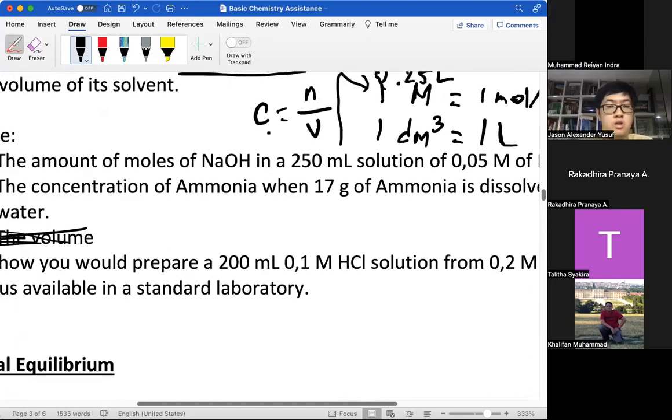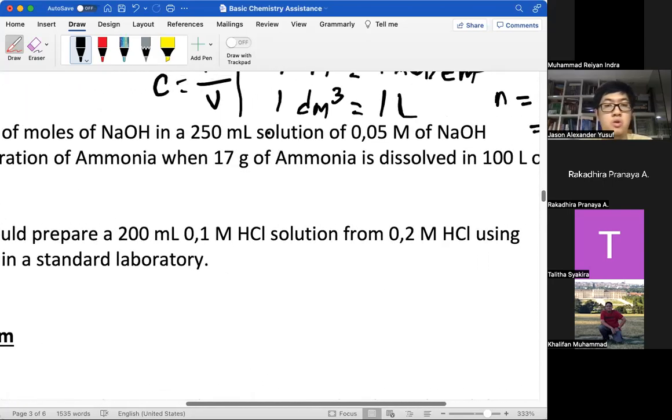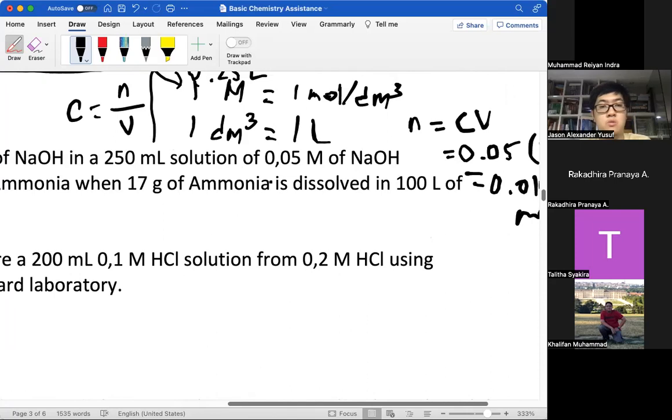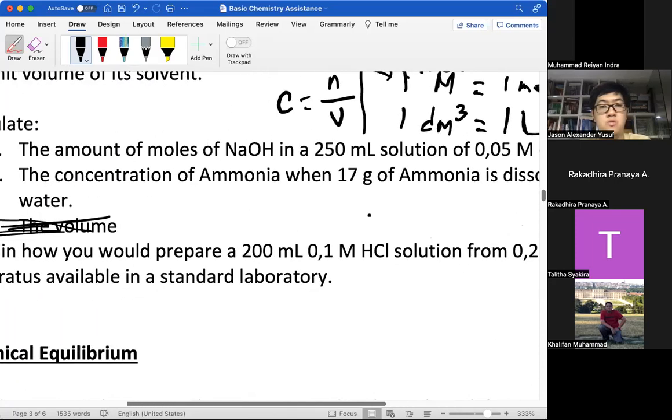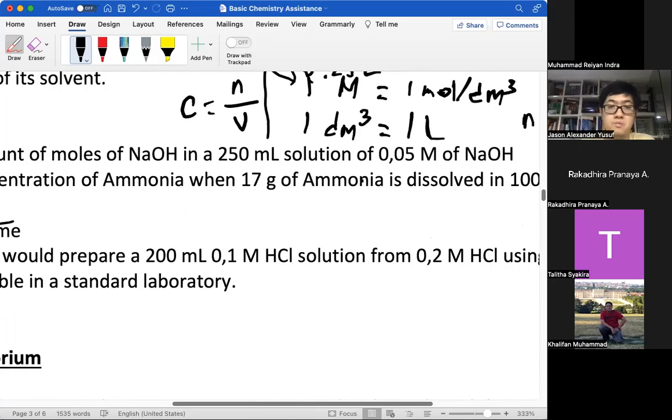And the next question is the concentration of ammonia when 17 grams of ammonia is dissolved in 100 liters of water. Okay, so basically for this problem, we are told the mass, but we need the mole. So all we need to do is just convert the ammonia into moles.